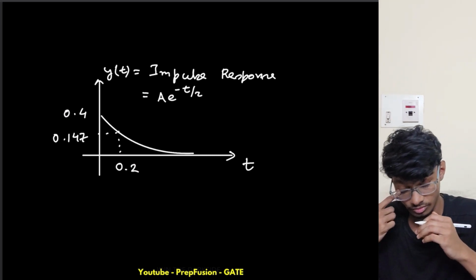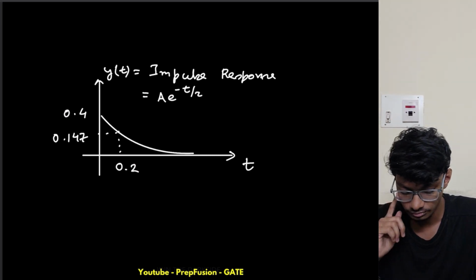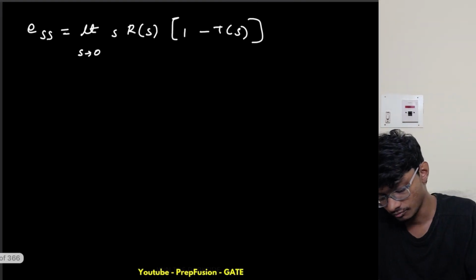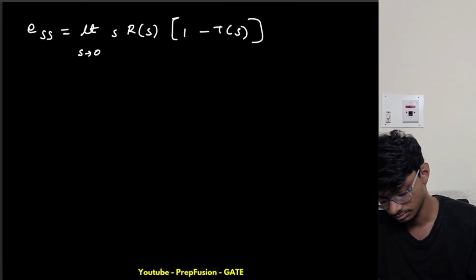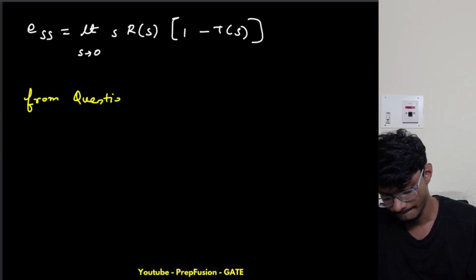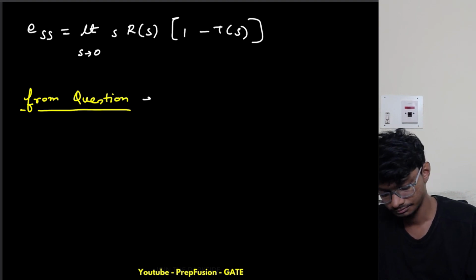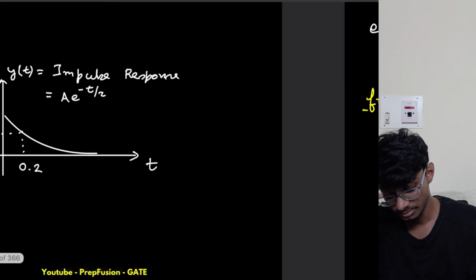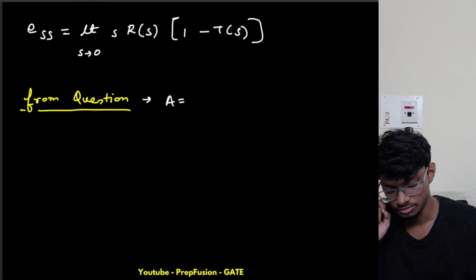So what is this A? From the question, my A equals 0.4, which is the initial value.